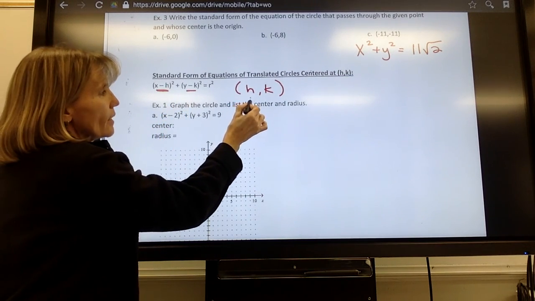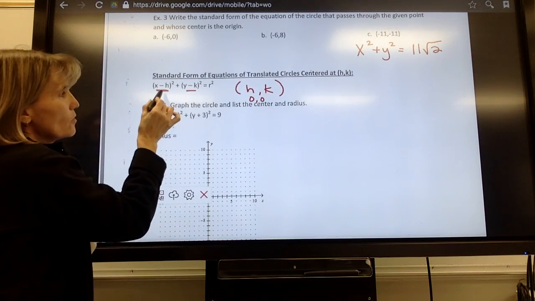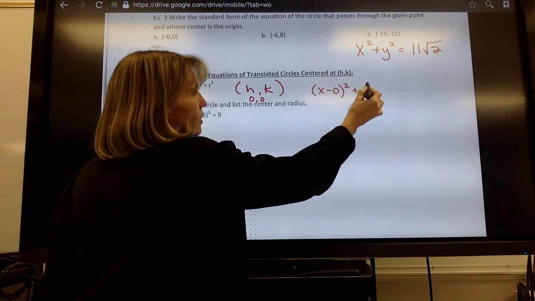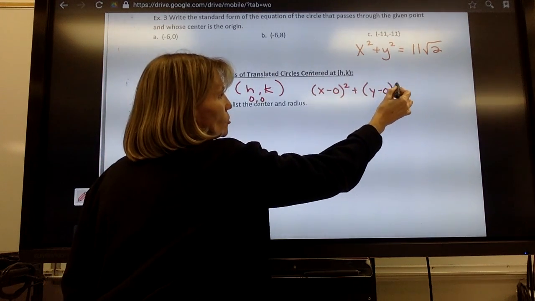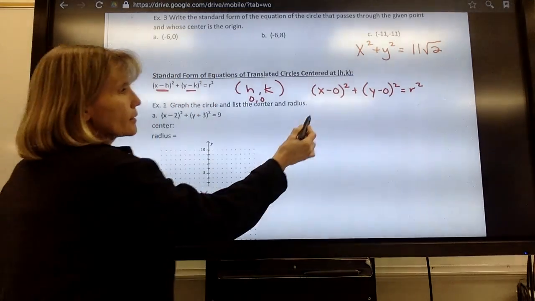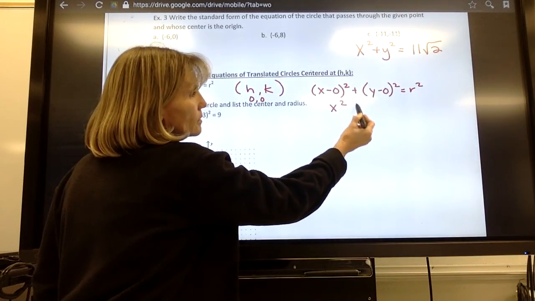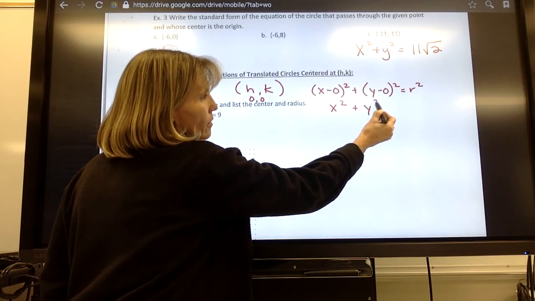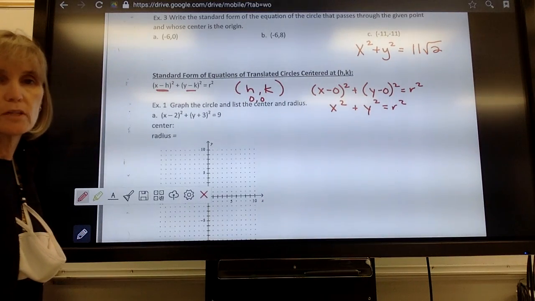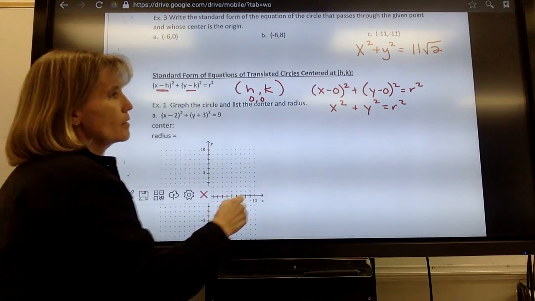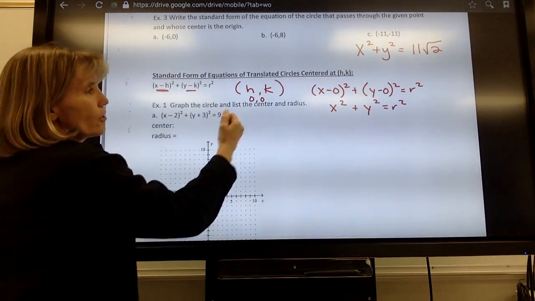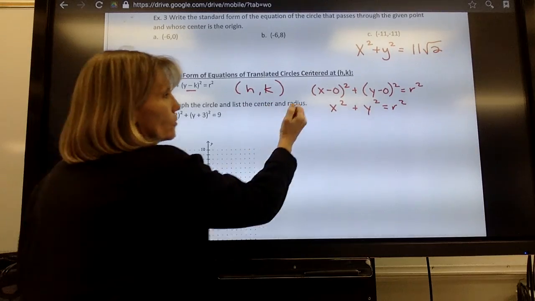So when the center was at 0, 0, if I put 0 in here, I would have x minus 0 squared plus y minus 0 squared equals r squared. Well, when you subtract 0 from x, you just get x. And when you subtract 0 from y, you're just going to get y. So that's why that was the equation when the center was at 0, 0. It's not always going to be at 0, 0, however.